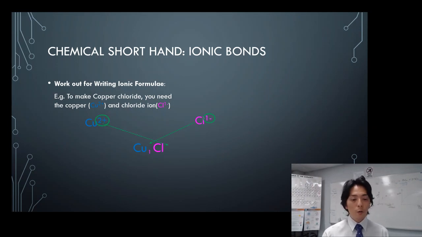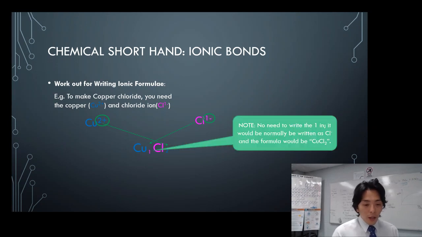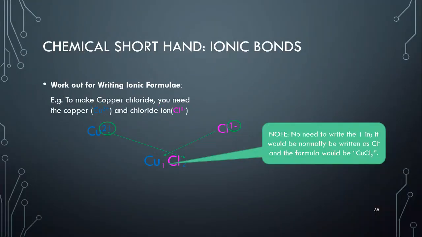The 1 from Cl1- is written below Cu, and the 2 from Cu2+ will be carried down to the bottom of Cl. You need to make sure that the 1 is not shown. The final formula should be written as CuCl2, not Cu1Cl2.